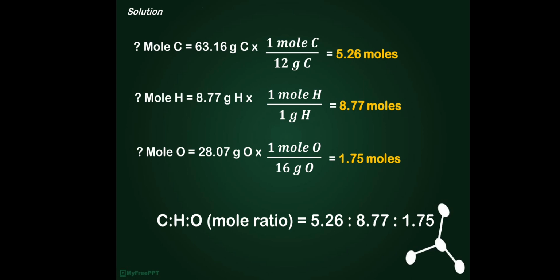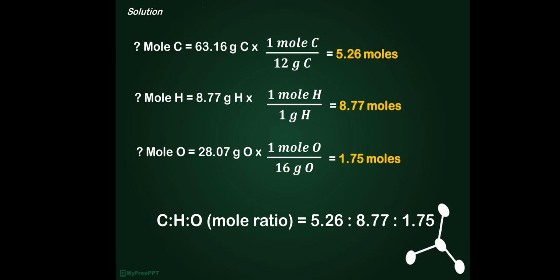1 mole carbon over the atomic mass of carbon. What would be the atomic mass of carbon? It is 12. So from 63.16 gram multiplied to 1 mole carbon is equals to 63.16 gram again. Divide into 12 gram carbon, it equals to 5.26 moles. Okay, the same process to the mole of hydrogen. We have 8.77 gram hydrogen multiplied to 1 mole hydrogen is equals to 8.77 divided into 1 gram is equals to 8.77 mole.